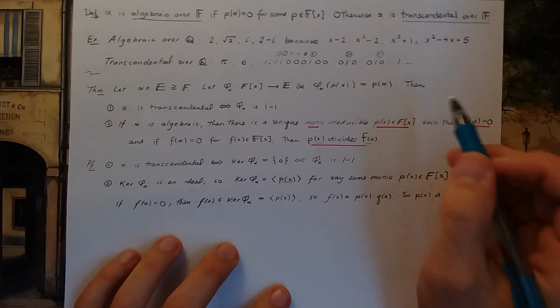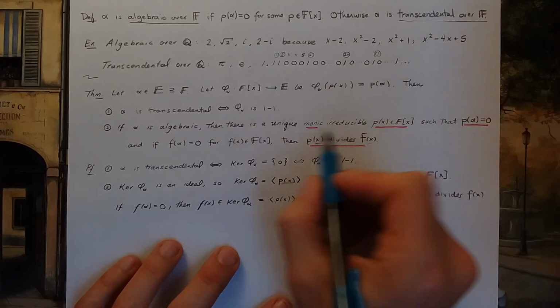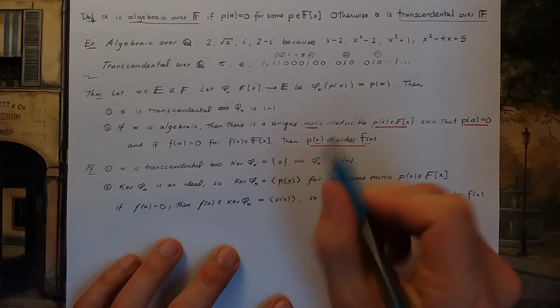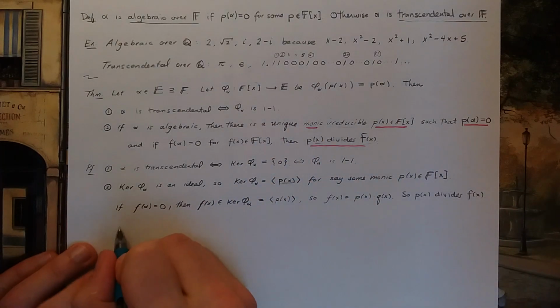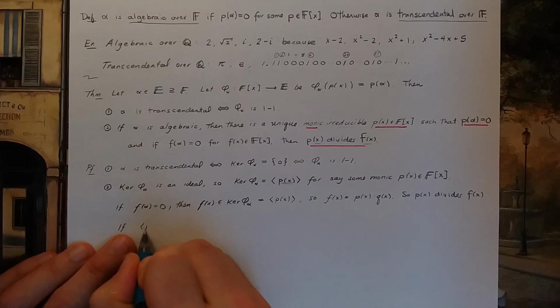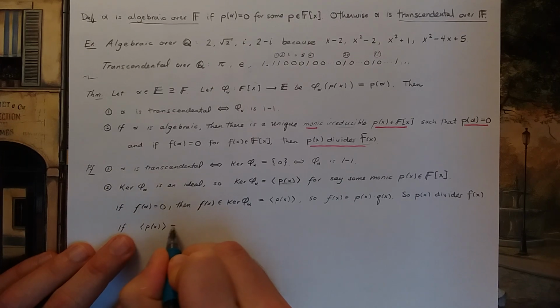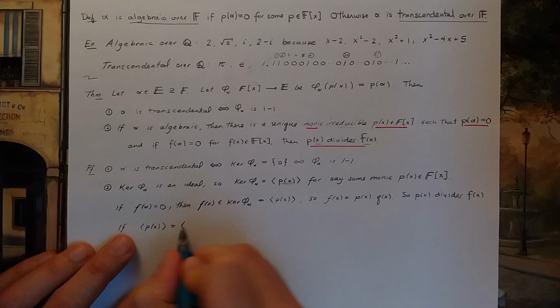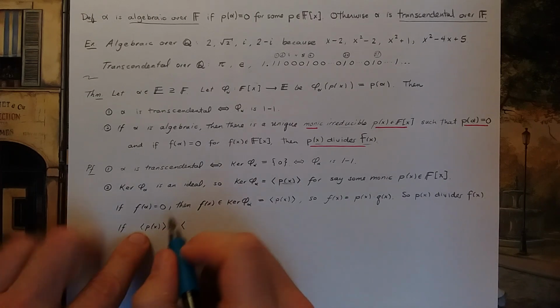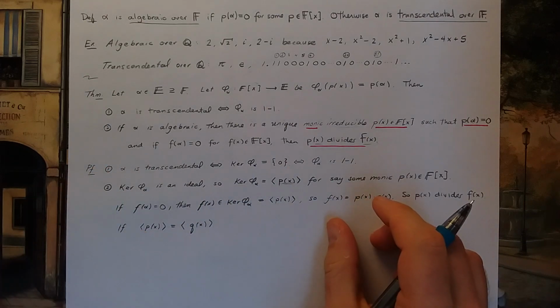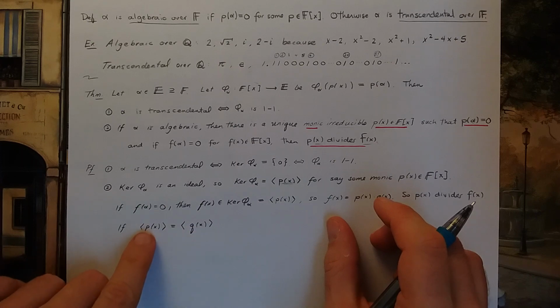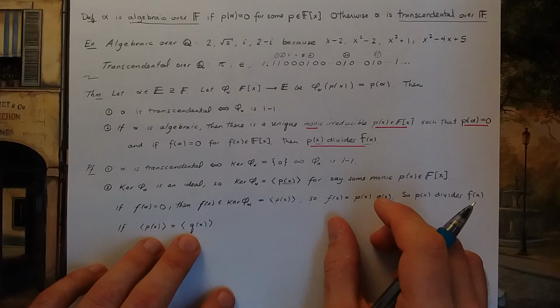So what remains to be shown is that this polynomial p is the unique monic polynomial and also irreducible. So let's say p of x generates an ideal that's also equal to some other q of x. So maybe there's another polynomial q, maybe monic, that generates the same ideal as p. I'm trying to prove this uniqueness property.